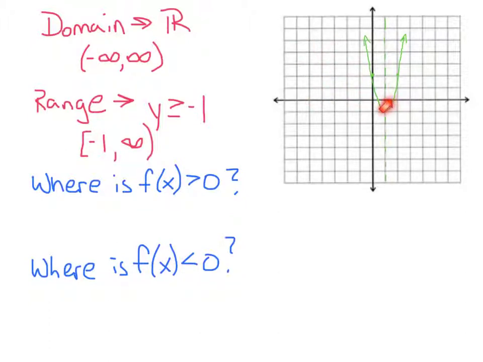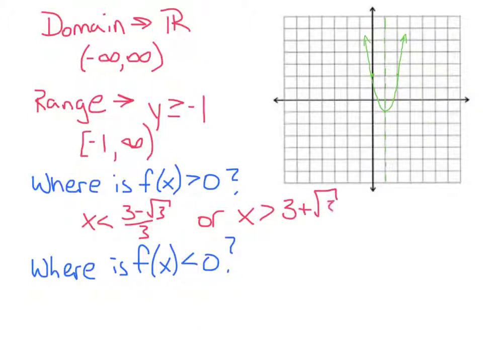And to the right of this zero, all of the y values that are returned are positive. So to answer the question, where is the function positive? It is positive when x is less than (3 minus radical 3) over 3, or when x is greater than (3 plus radical 3) over 3.